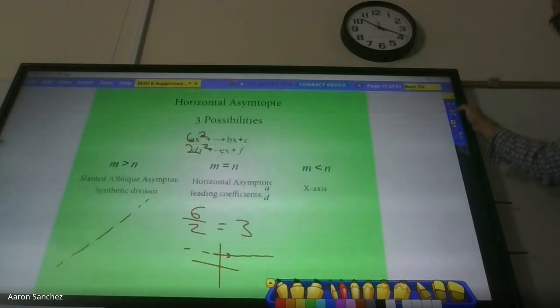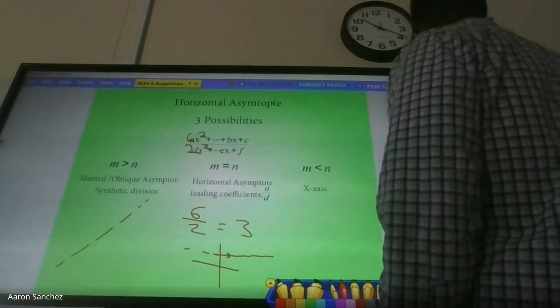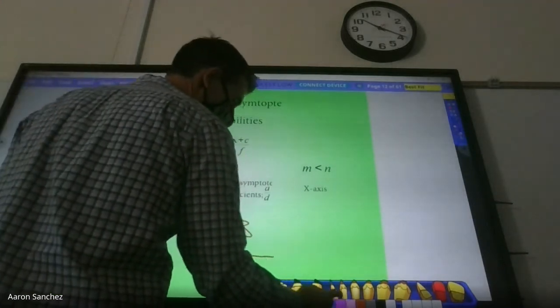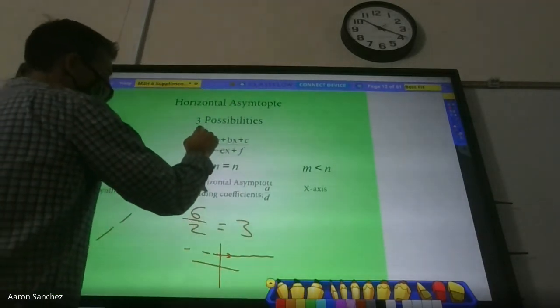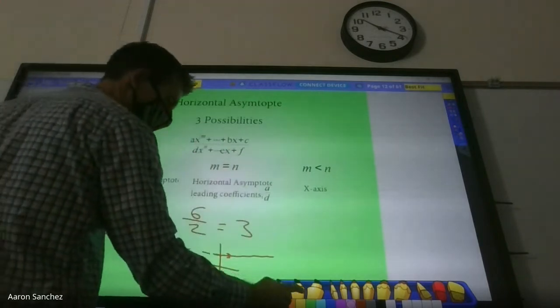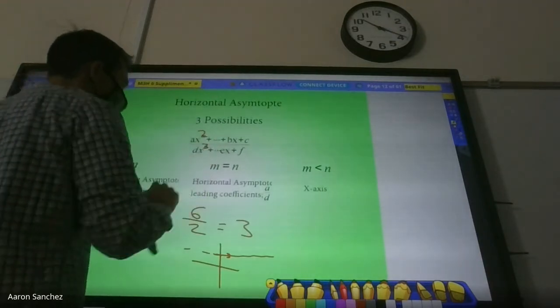Okay, now, this one, m is less than n. So the last one is, what if m was less than n? So what if m was 2, and n was 3?